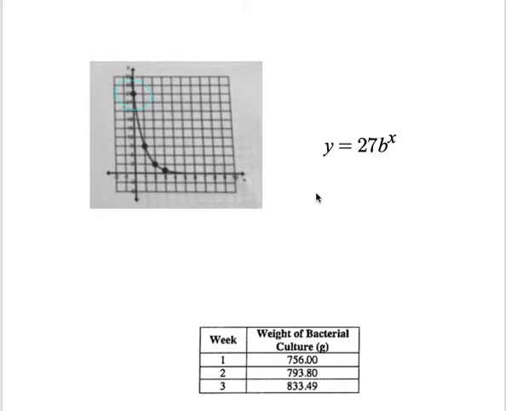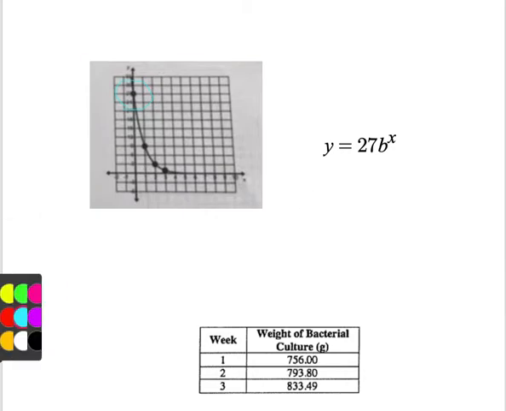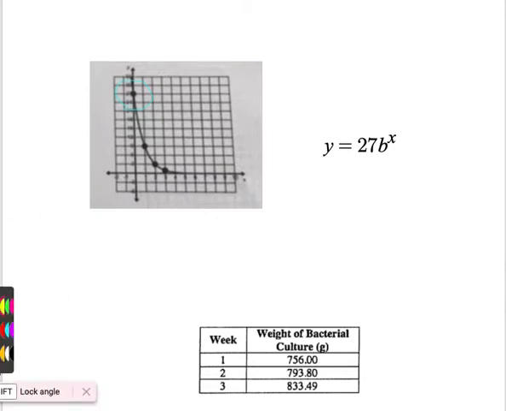It's an exponential decay or decreasing function. So I'm going to look at some of those other points, and put those into a table so that I'm able to see them a little bit more clearly. This is my x, and this is my y.